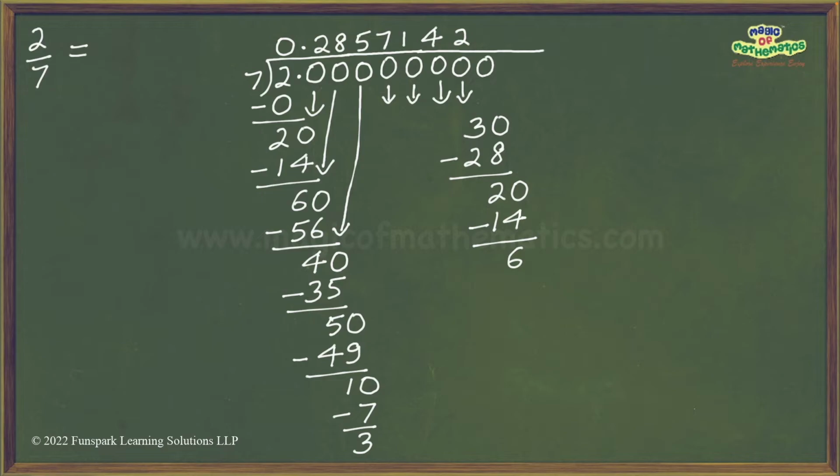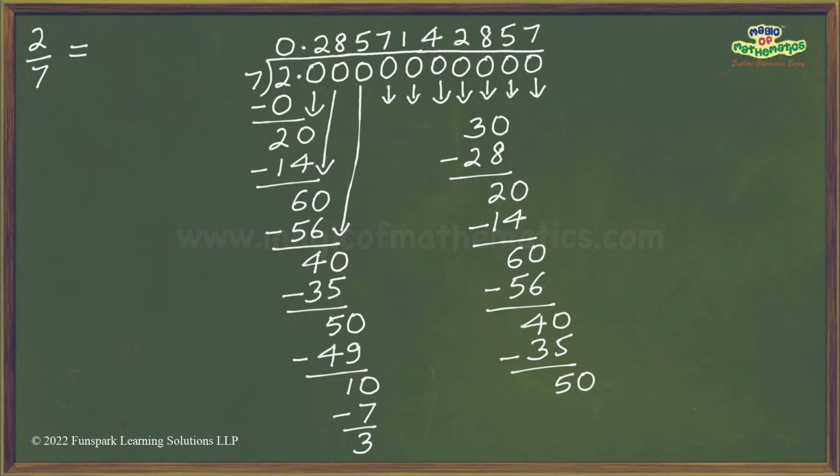Put a 0 again and bring it down. 7 times 8 equals 56. 60 minus 56 equals 4. Put a 0 again and bring it down. 7 times 5 equals 35. 40 minus 35 equals 5. Put a 0 again and bring it down. 7 times 7 equals 49. 50 minus 49 equals 1.